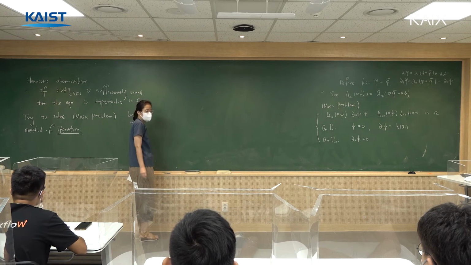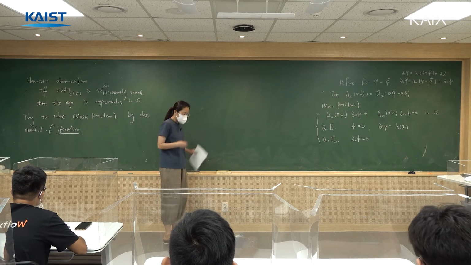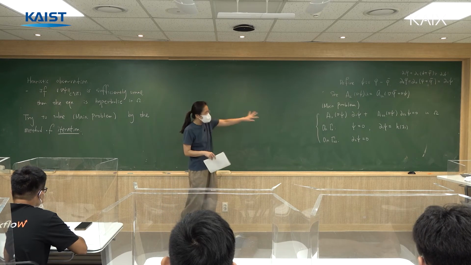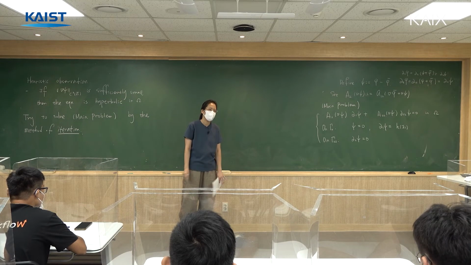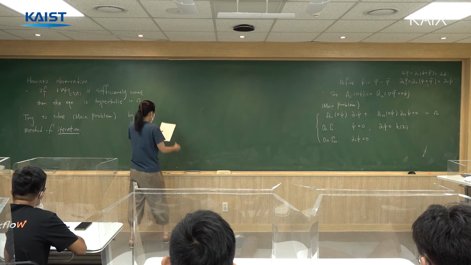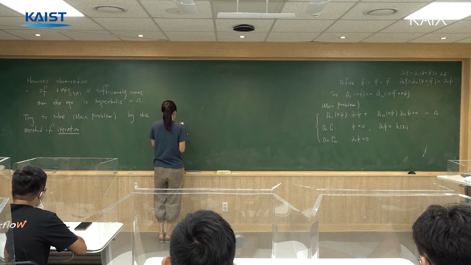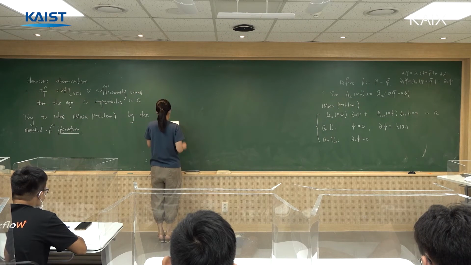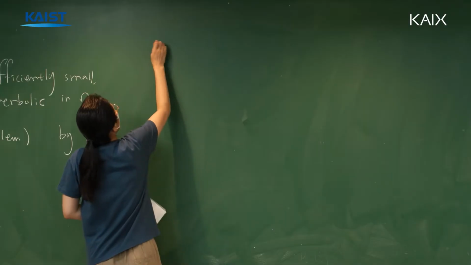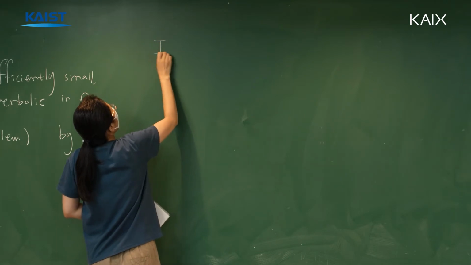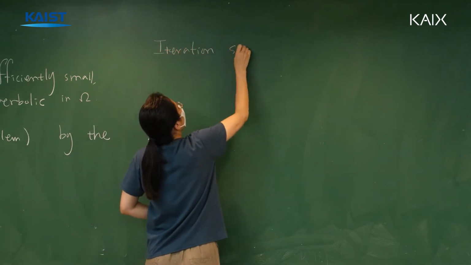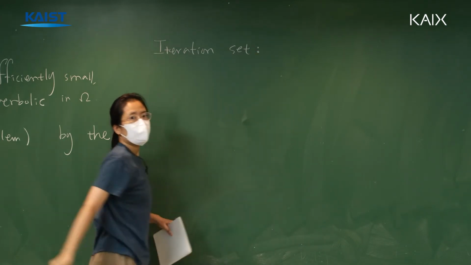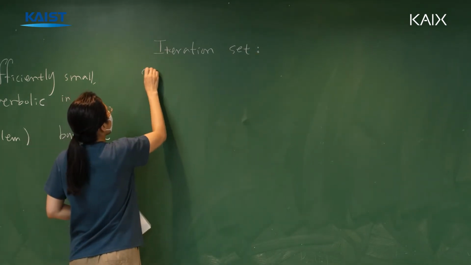What I do is just try to find the solution by making a right guess. Okay. So what do I mean by that? So I introduce the so-called iteration set.